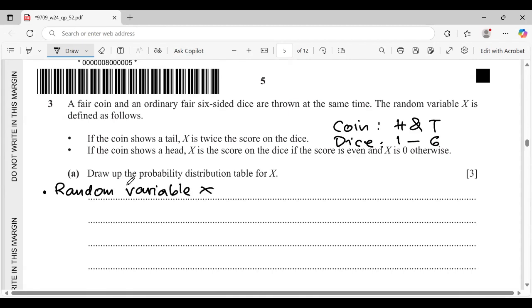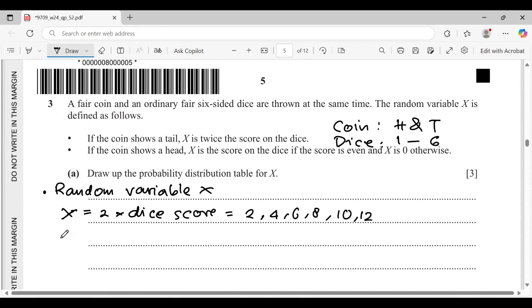If the coin shows tail, it means x equals 2 times the dice score. Dice score 1, 2, 3, 4, 5, 6 means 2, 4, 6, 8, 10, and 12.